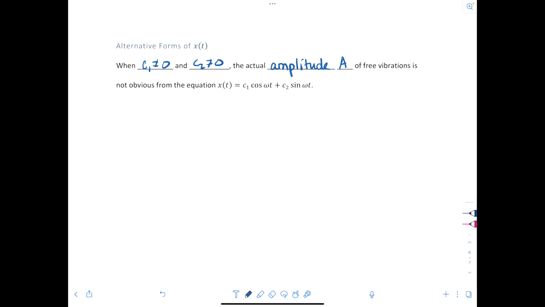So let's just take a look at this alternative form. X at t is equal to A times sine of omega t plus phi.